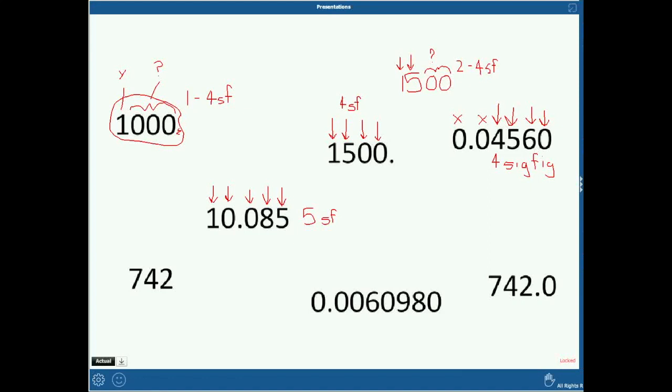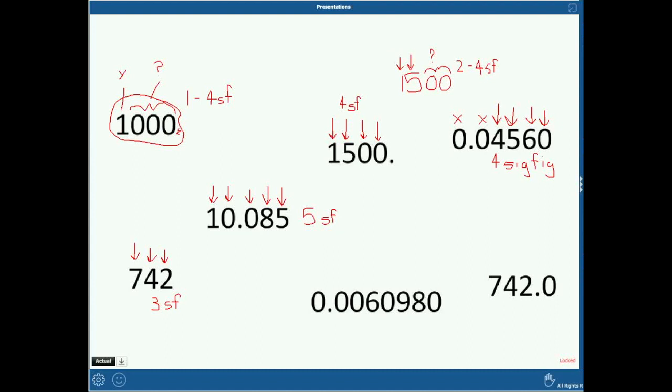If we go to this bottom one, since it all has regular numbers, there's no zeros in it at all, this one's kind of easy. I like it when I see numbers like this because then I don't have to worry about if the zero is significant or not. So this one would have 3 sig figs. And then if you see over here, I put that same number, but then I did dot zero.